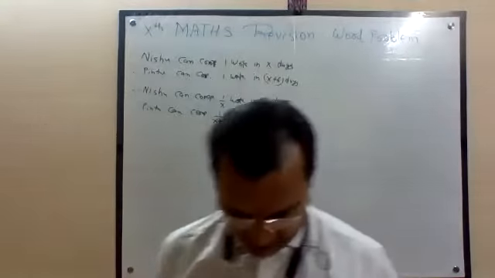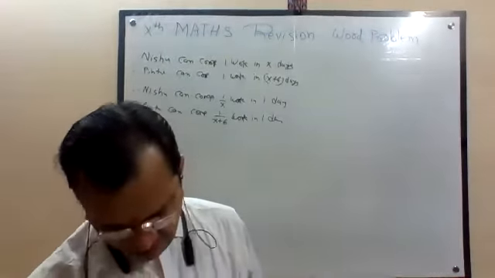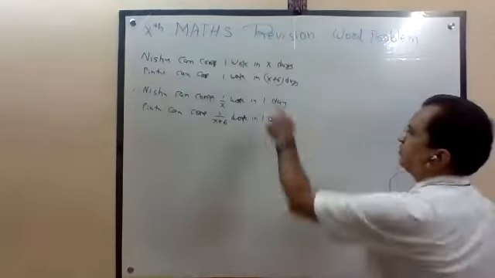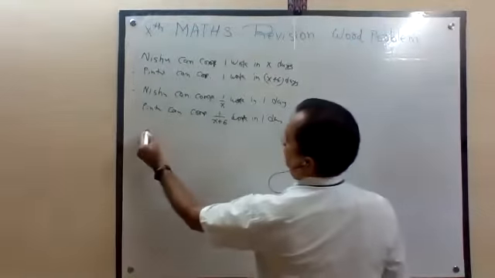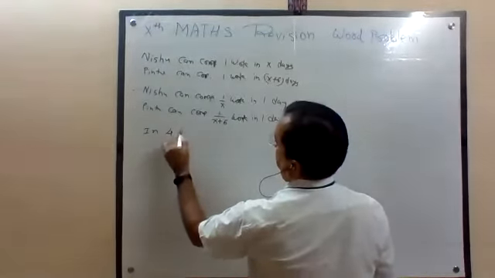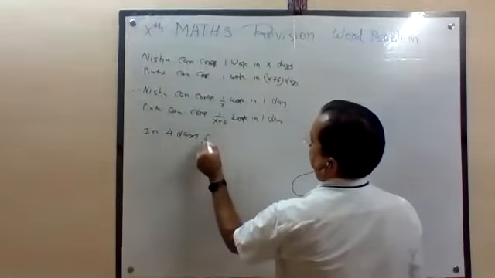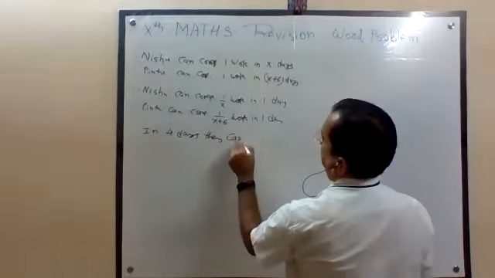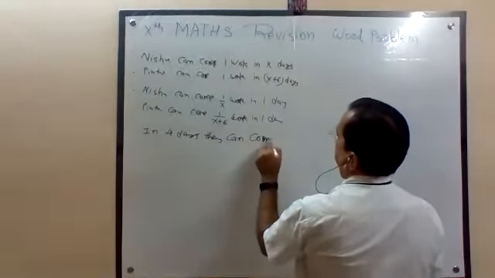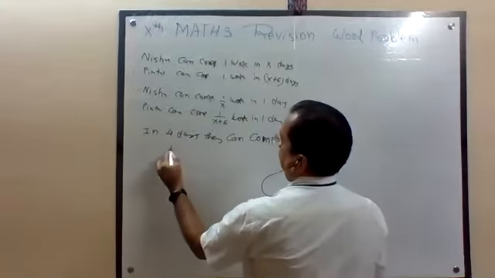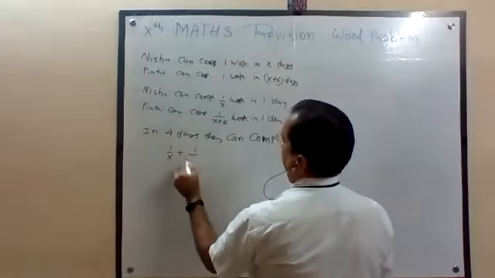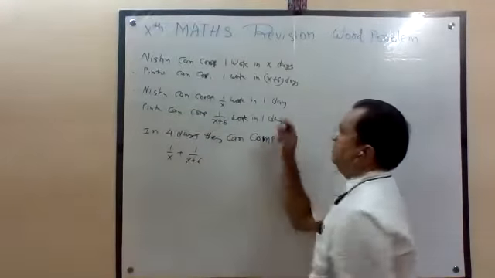Together they are working for 4 days. This is for 1 day. So in 4 days, they can complete 1 by x plus 1 by x plus 6.